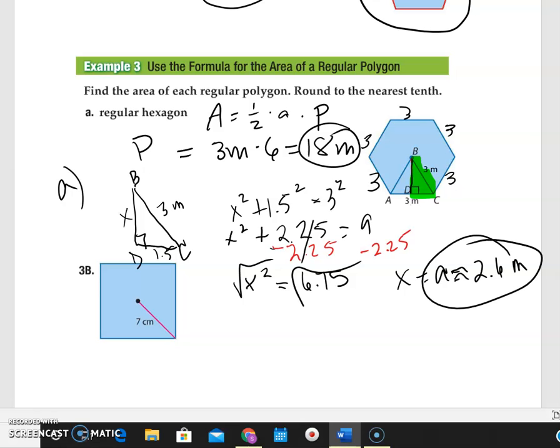Okay, so now I have the perimeter and I have the apothem. So I'm going to use my formula. There's my perimeter, there's my apothem, and I'm going to substitute those values in.